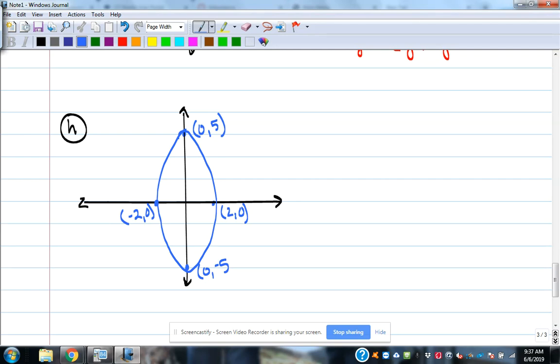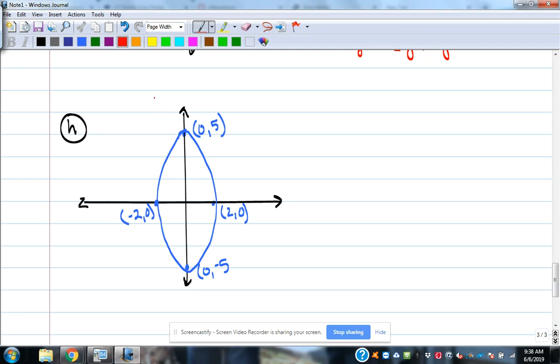So again, remember, instructions were to decide if it's a function or not, and then state the domain and the range. Whether it's a function or not, you can still state domain and range. For this one, let's first decide, is it a function? So since it's a graph, I want to do the vertical line test.